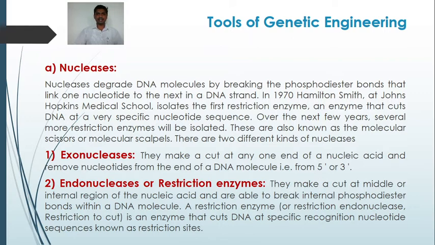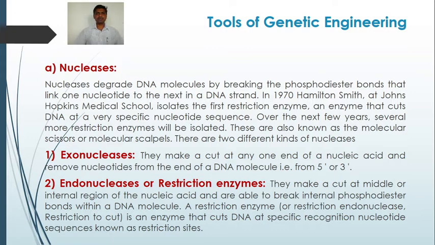In 1970, Hamilton Smith at Johns Hopkins Medical School isolated the first restriction enzyme, an enzyme that cuts DNA at a very specific nucleotide sequence.